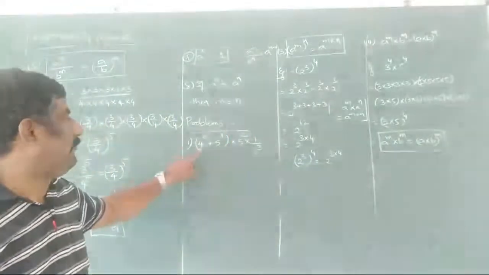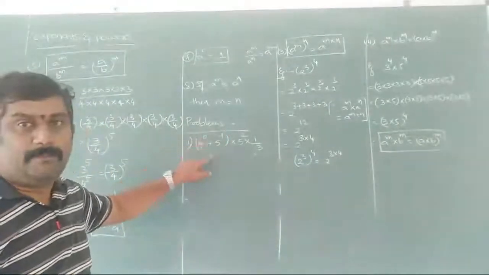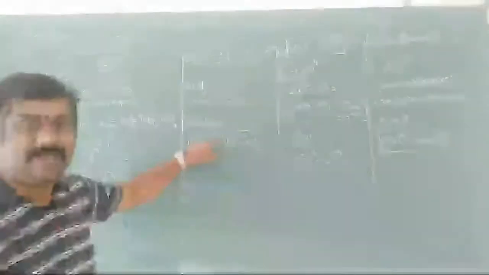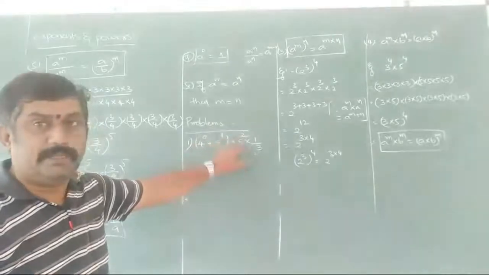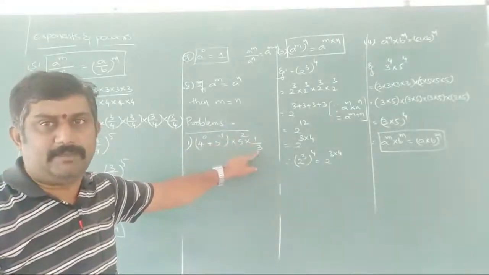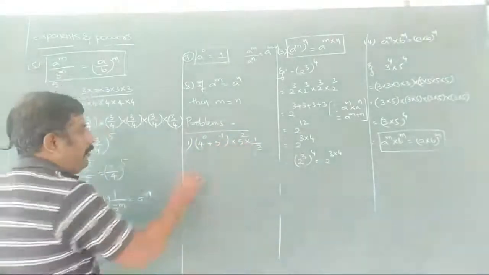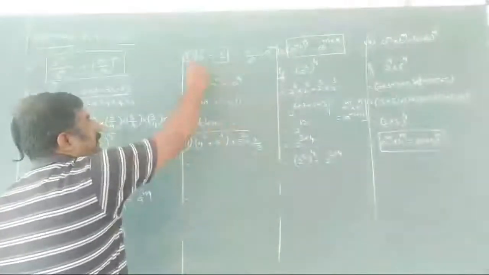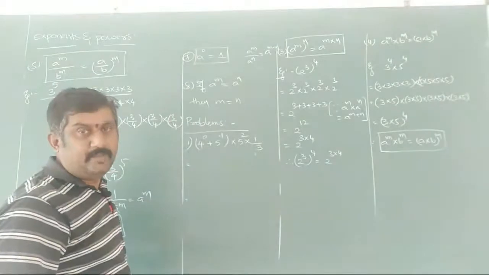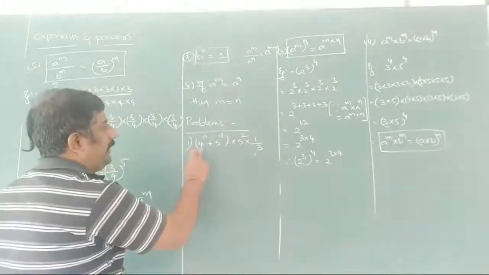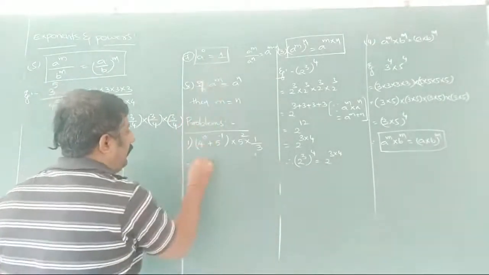What I am taking here: 4 to the power of 0 plus 5 to the power of minus 1 into 5 to the power of 2 into 1 by 3. Observe here, what is 4 to the power of 0? Already we discussed it, whether the base may be any kind of non-zero integer, then 4 power 0 is nothing but 1.